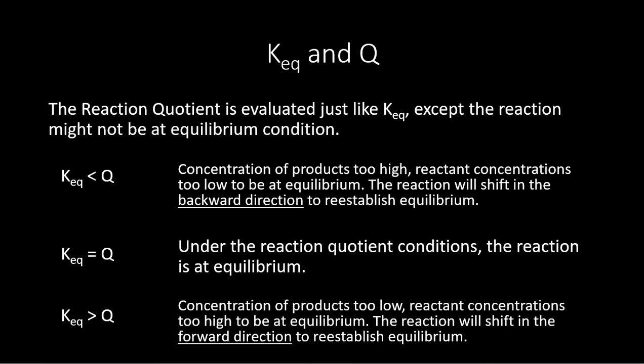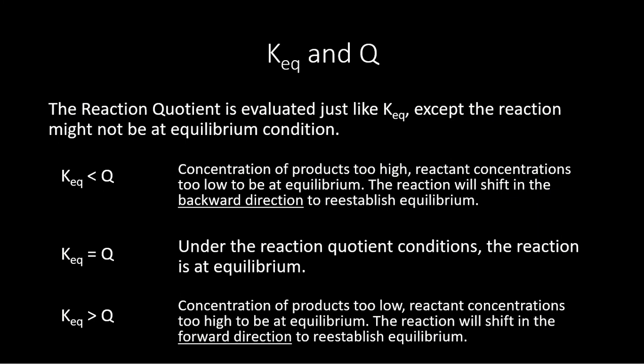So some products are going to reverse back into reactants in order to reestablish equilibrium. In other words, if KEQ is smaller than your reaction quotient, your reaction is going to shift in the backwards direction from products to reactants to form more reactants.